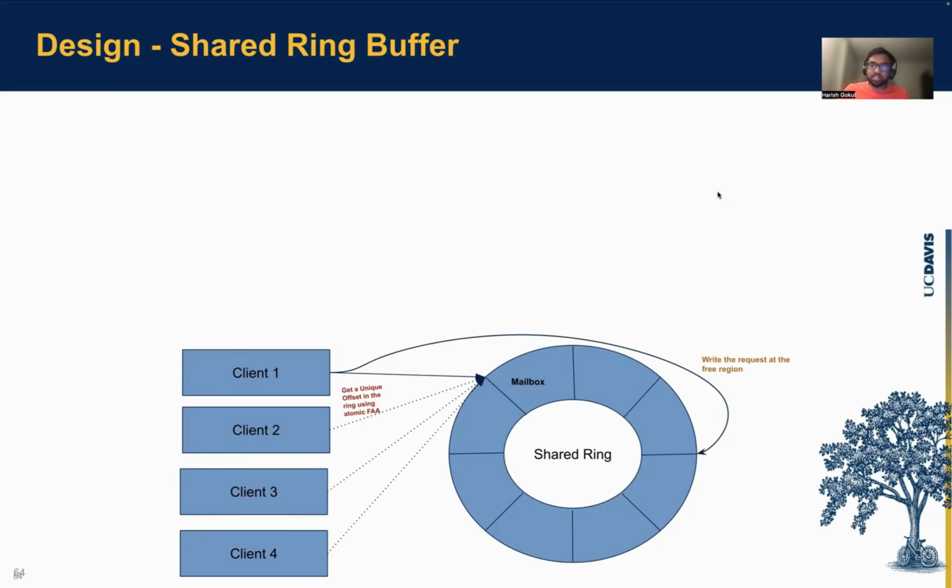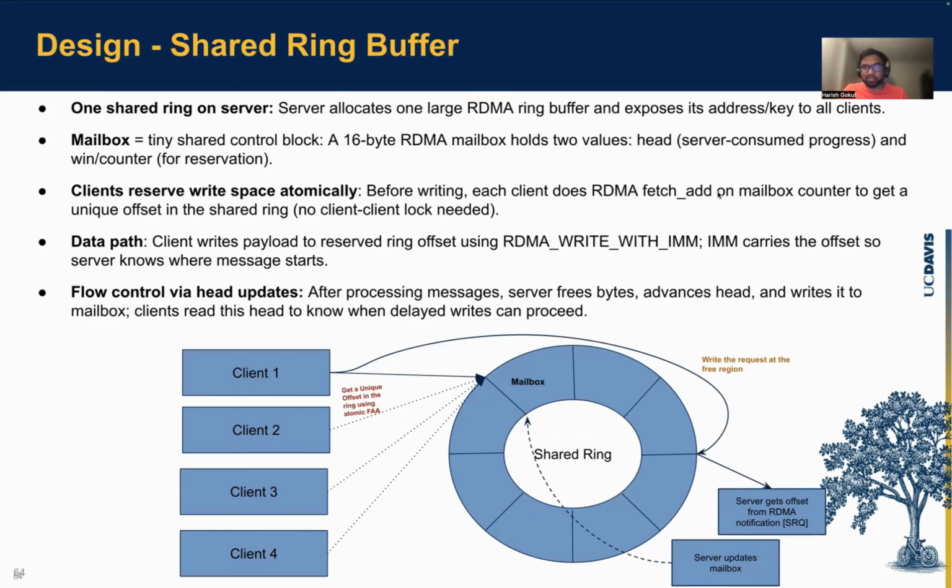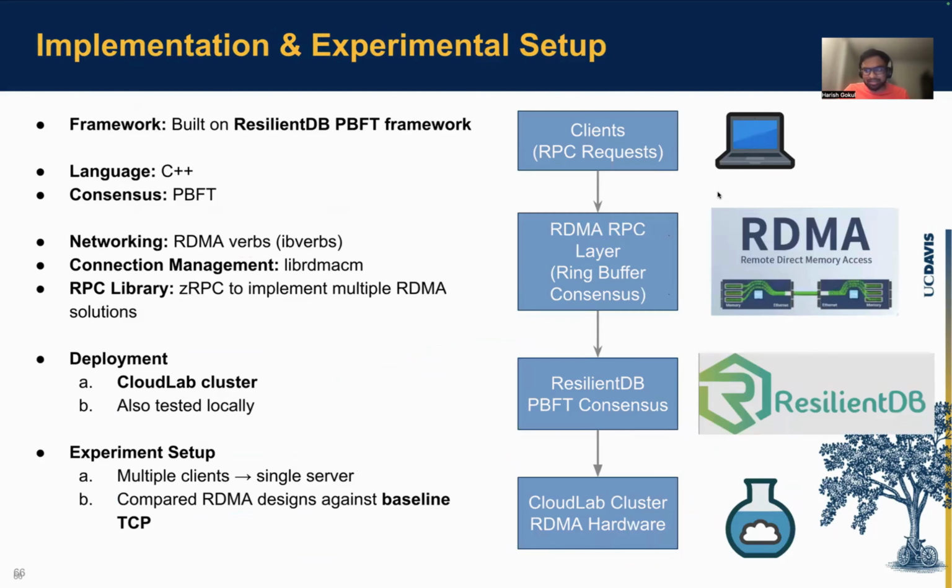Once an offset is achieved using this atomic operation of getting the address to write to, the client writes the request at the free region. Then the server gets the offset from the RDMA notification using what we call a write with immediate. And once a message is processed, the server updates the mailbox so that the next client can peek at what the free slot is. And that's what this paragraph aims to say.